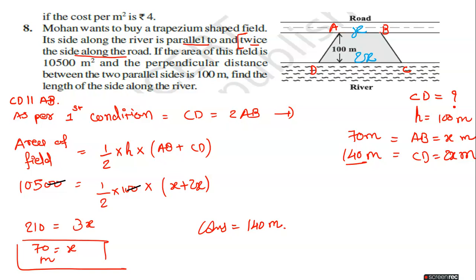Means AB is x, then CD is equal to 2x. So I have written CD is equal to 2x. If here AB is equal to 70, x is AB. So AB is equal to 70. So 2 into 70, if you multiply, then 140 you will get, and that is CD.